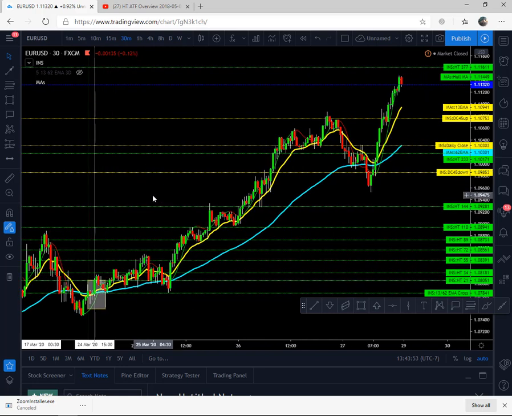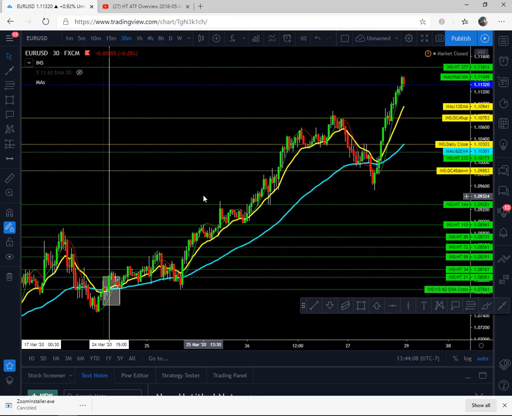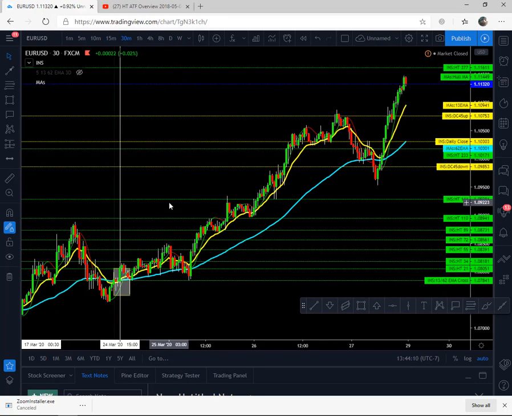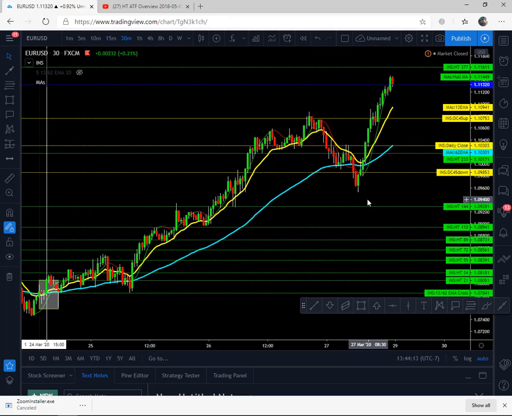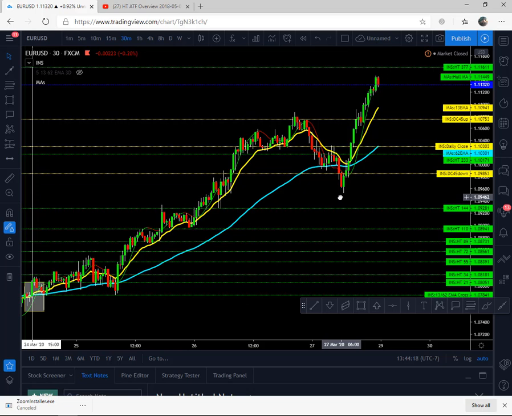And they pretty much are support and resistance levels. That's all it is. But the way that I've been using this indicator, I've been using the Fibonacci levels.